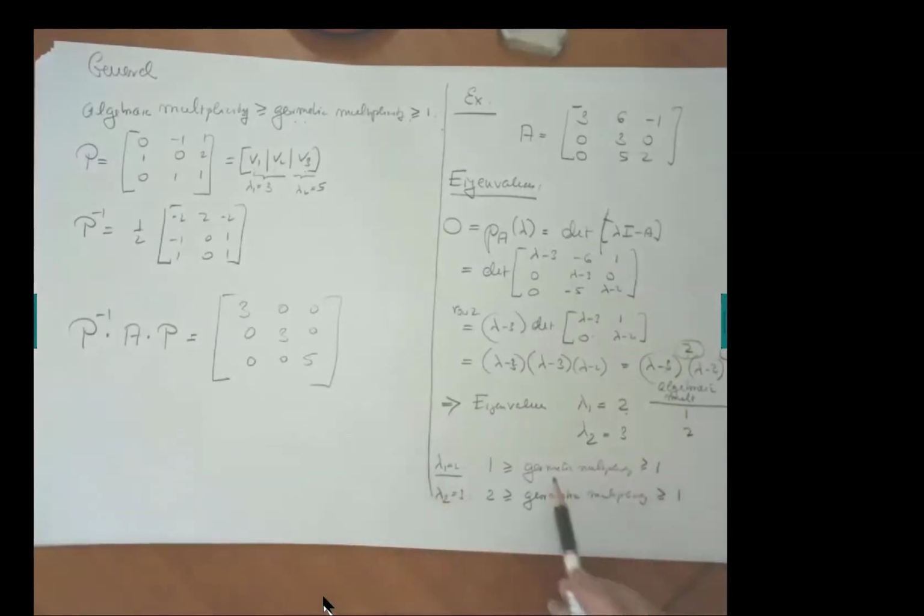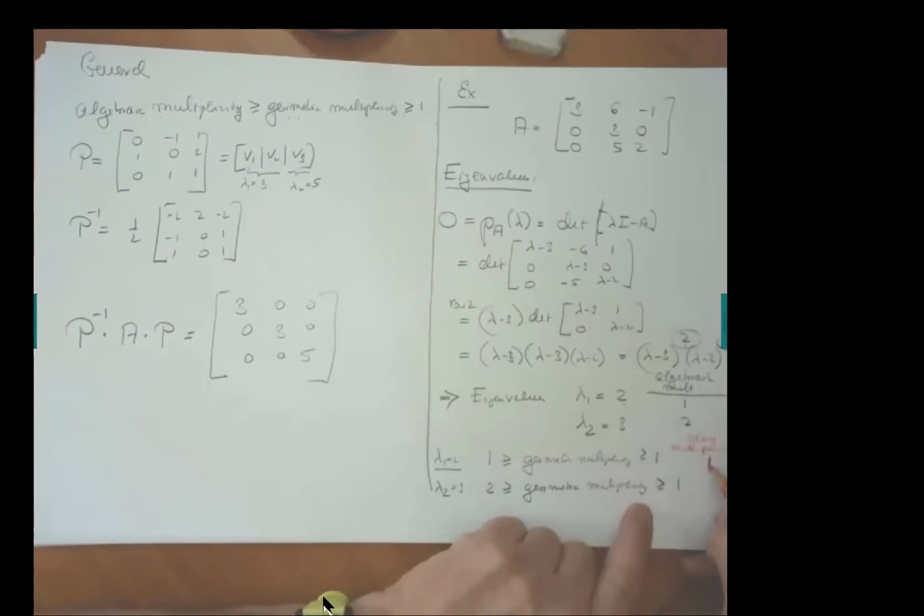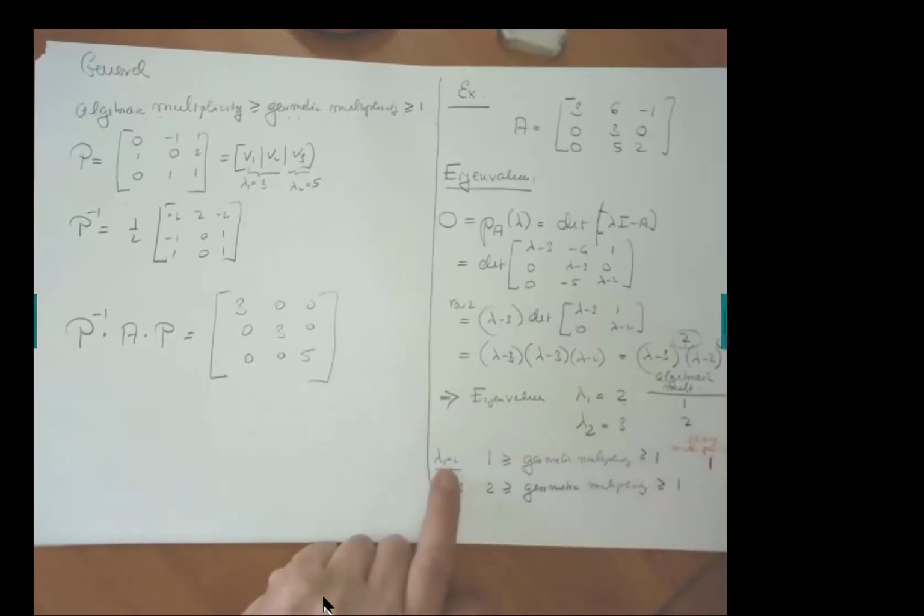So right away, what can we say about the geometric multiplicity of the eigenvalue 2? Which number can it be only? 1, because it's a number between 1 and 1. So the geometric multiplicity is 1 for lambda 1 equal to 2.